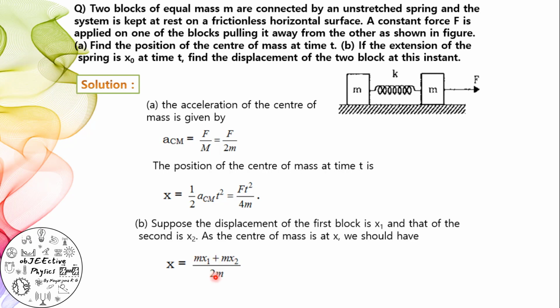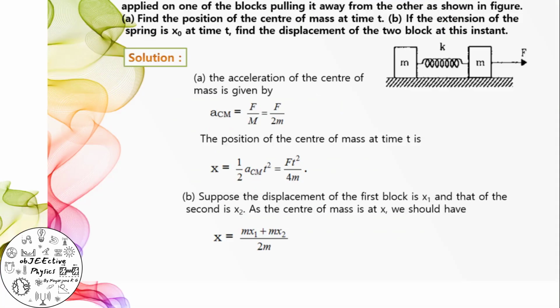So, m cancels in numerator as well as in denominator. Therefore, F into t square by 4m is equal to x1 plus x2 divided by 2, or x1 plus x2 can be written as F into t square by 2m. Here 2 cancels. So, therefore, this is remaining. That we assumed as equation 1.